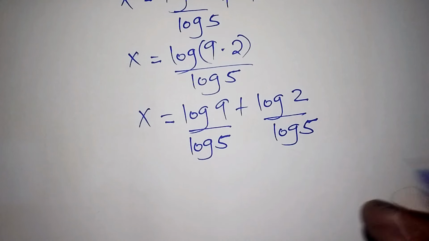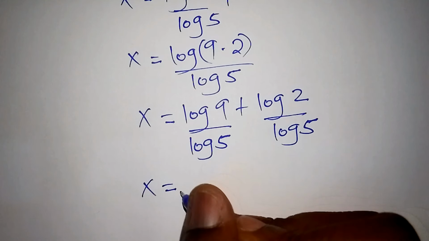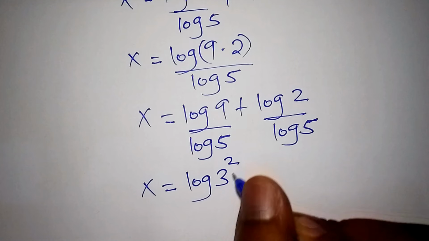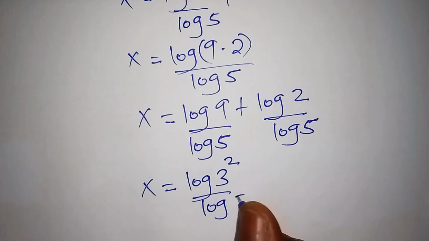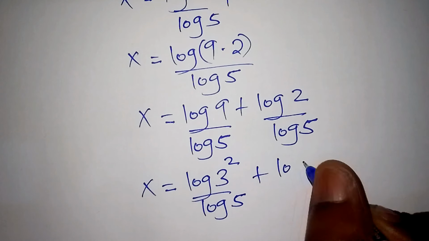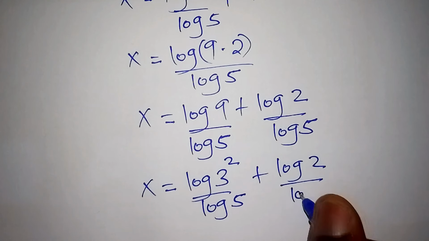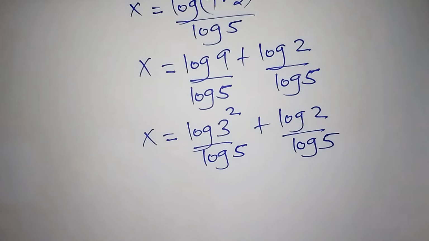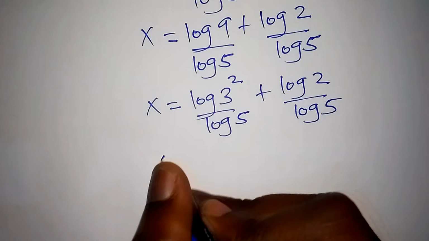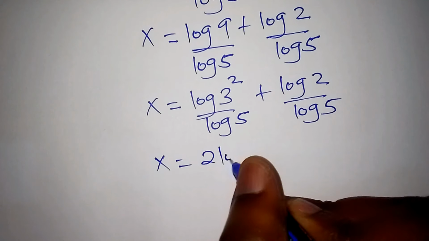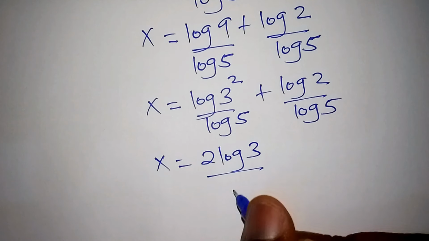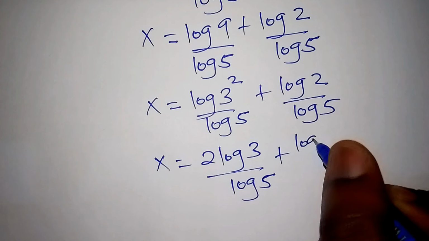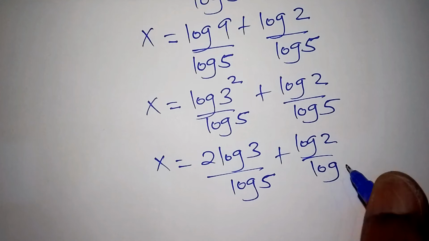So next we shall say that x is equal to, so log 9 can also be written as the log of 3 to the power of 2 all over the log of 5, then plus the log of 2 all over the log of 5. So next x is equal to 2 times the log of 3 all over the log of 5, then plus the log of 2 all over the log of 5.